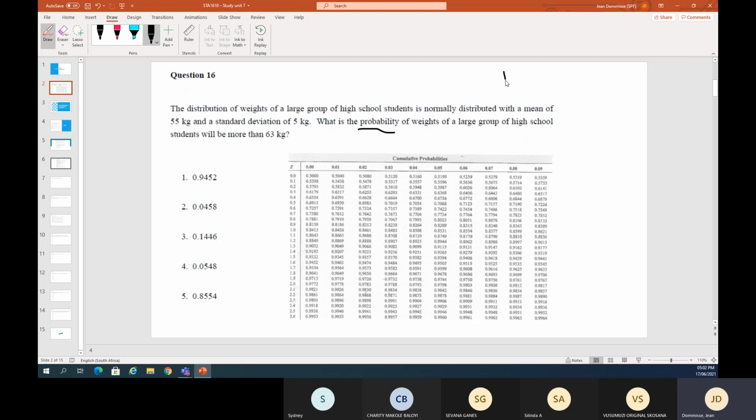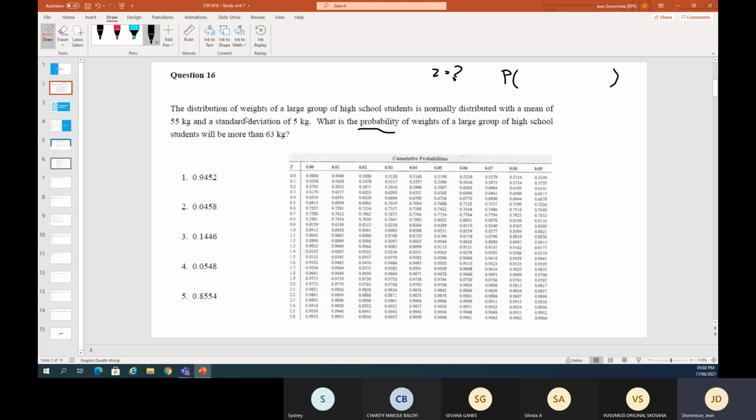So in the end, we need to work out the probability, but at the moment, we don't know for what Z value yet. And they don't give us the Z value, so we will need to work out the Z value. So let's read what's more in this question.